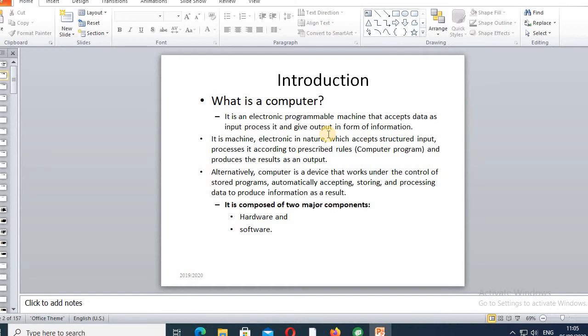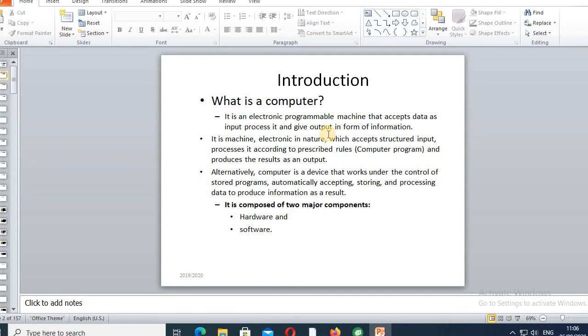The moment you press it, because of the software that is there, it will be able to sense what you need as a user, and automatically it will display it as you need it. After that, it will process that information. After processing it, it will give it out as an output in the form of information, depending on the requirements of the user. So that's why we define a computer, saying it is an electronic programmable machine that accepts data as input, processes it, and gives output in the form of information.